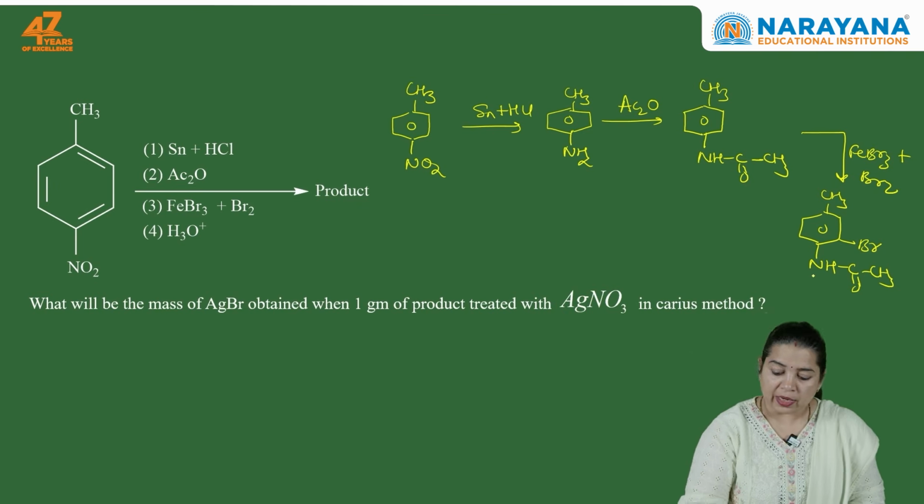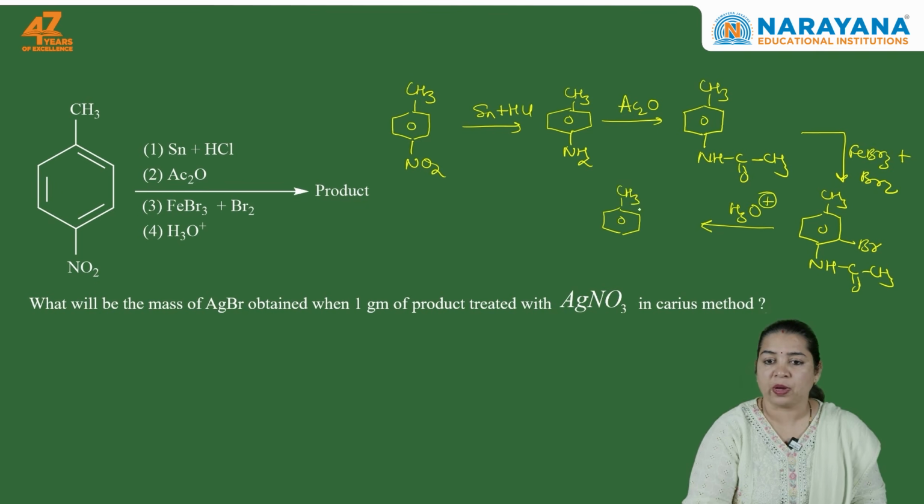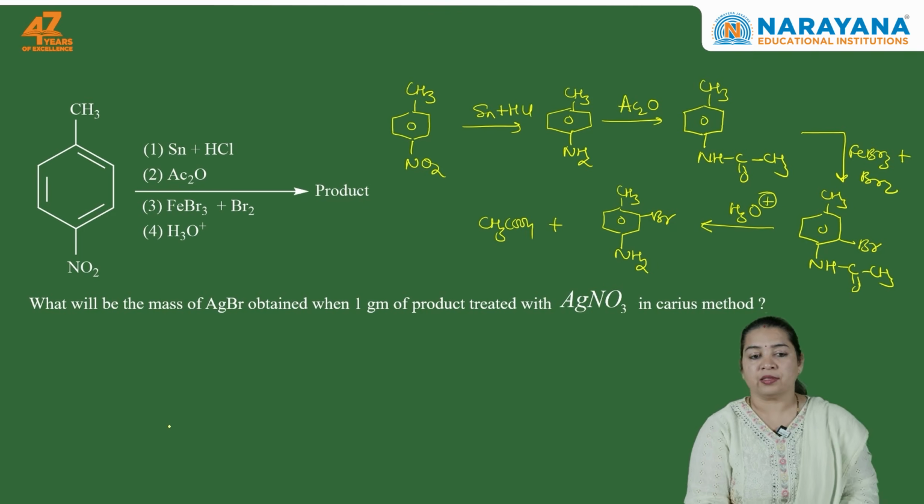So ortho para directing this NHCOCH3, that is why I kept it at ortho to NH. Last is hydrolysis. And if I do hydrolysis, there will be no impact on CH3, no impact on bromine, but certainly this amide linkage will undergo hydrolysis like this.